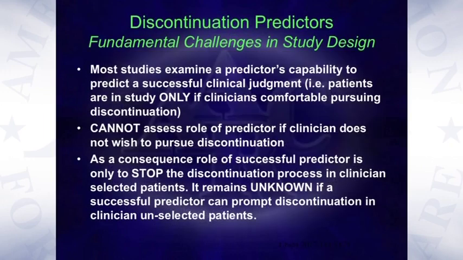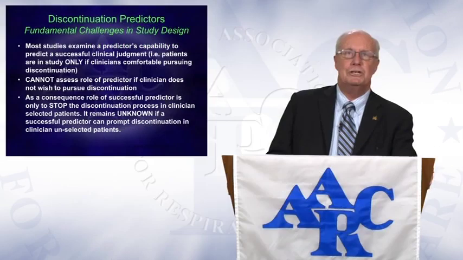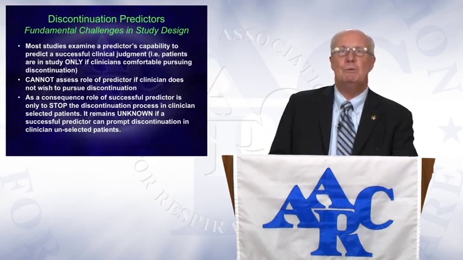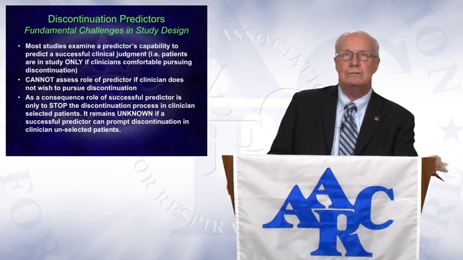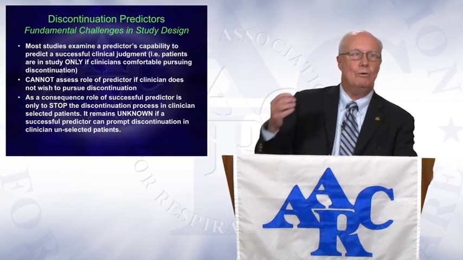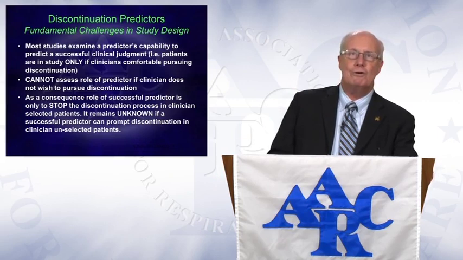Trying to figure these predictors out is a challenge. Most of these studies that were reviewed by McMaster and studies since done, it's kind of interesting because they study a predictor in a group of patients that the clinicians feel might be ready. And that's okay, but it's only useful in confirming a clinical suspicion.